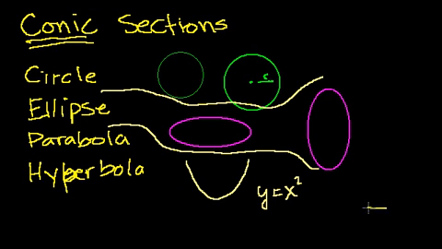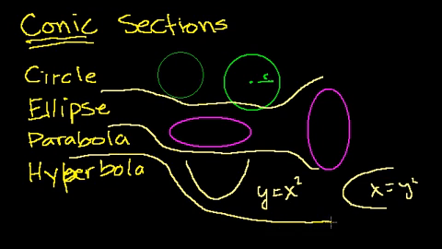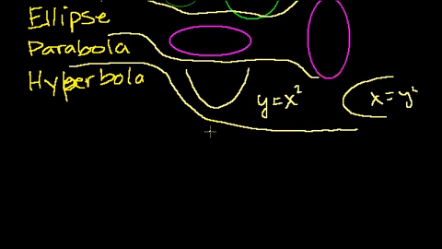You can even have a parabola that goes like this. That would be x is equal to y squared. You could also rotate these things around, but I think you know the general shape of a parabola. We'll talk more about how you graph it, or how you know what the interesting points on a parabola actually are.